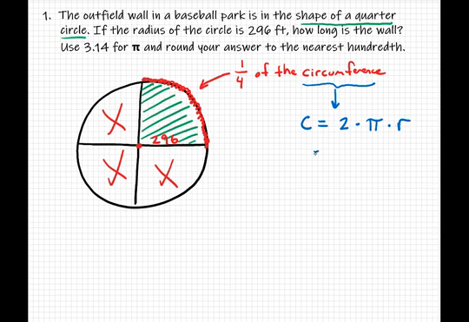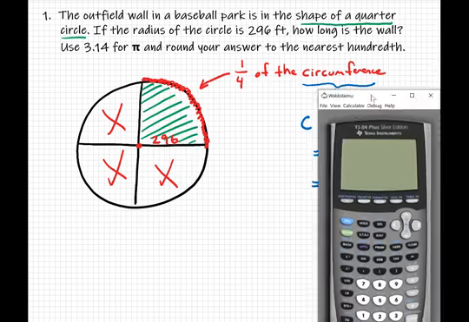So in this case, it's 2 times, for pi, we're going to use 3.14, and the radius is given as 296. So we need 2 times 3.14 times 296, and I think this is a job for the calculator.